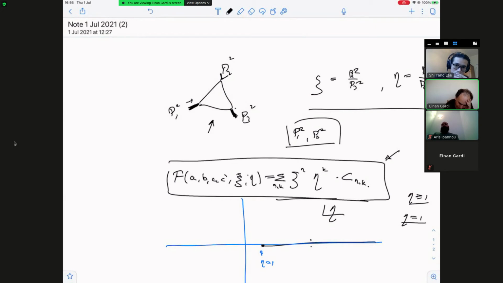Both of them are incoming. And you are interested in producing these two particles. So let's say that this is W plus and W minus. And this is a top loop.